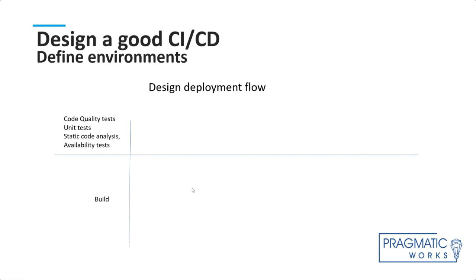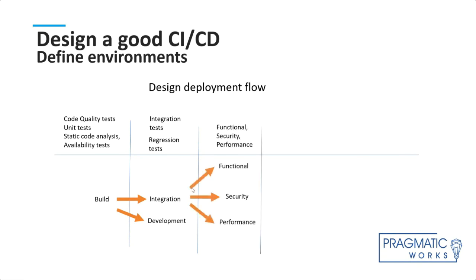So first of all, we're starting from the build environment, which is also running quality tests, unit tests, static code analysis, and availability tests. Then you can trigger integration tests and regression on those two environments. Then we have functional, security and performance testing in parallel way.